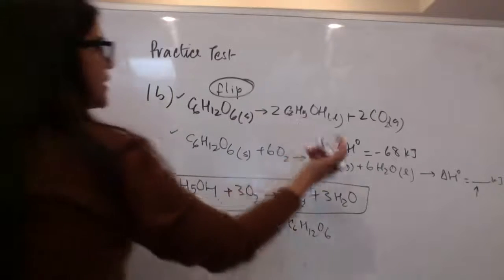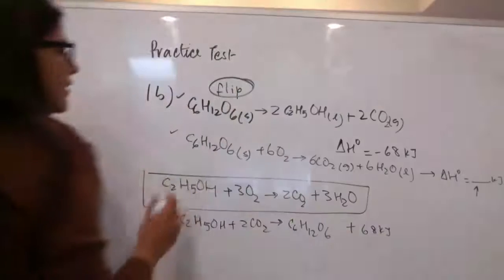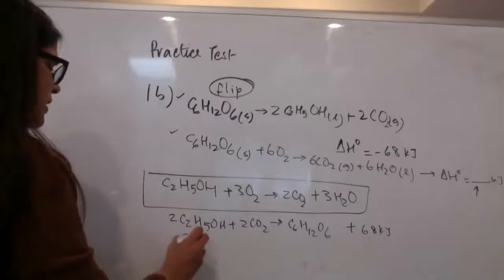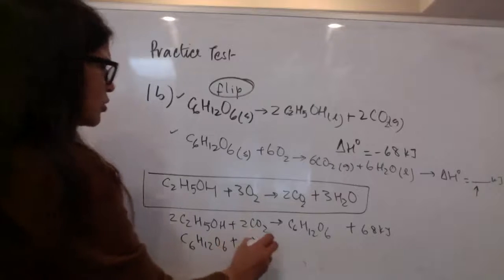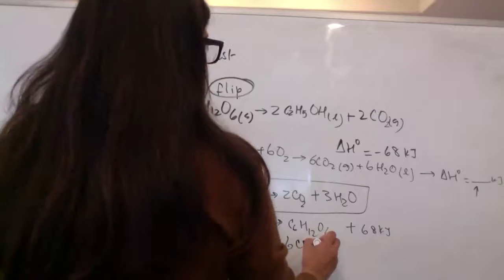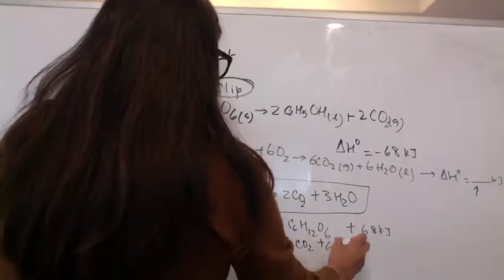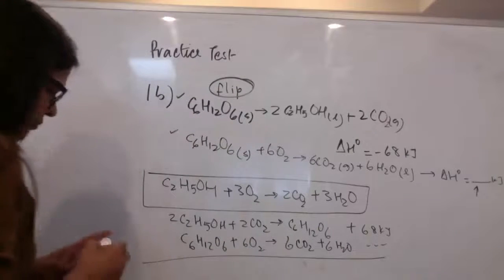And when you flip it, the sign gets flipped, so it's plus 68 kilojoules. And the second one stays the same, C6H12O6 plus 6O2 gives 6 CO2 plus 6 H2O, and whatever value you got from part A.